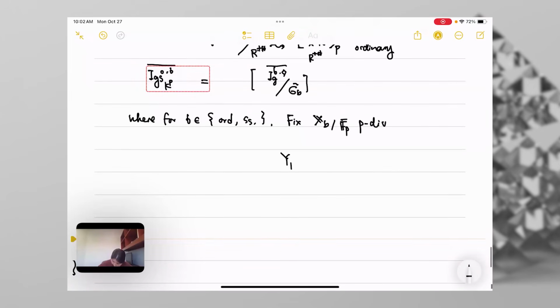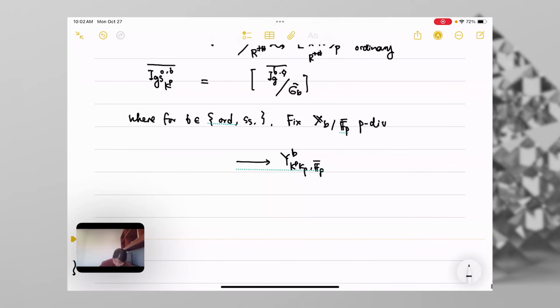So if you look at the special fiber of the modular curve at hyperspecial level, then it has this stratification into ordinary and supersingular locus.